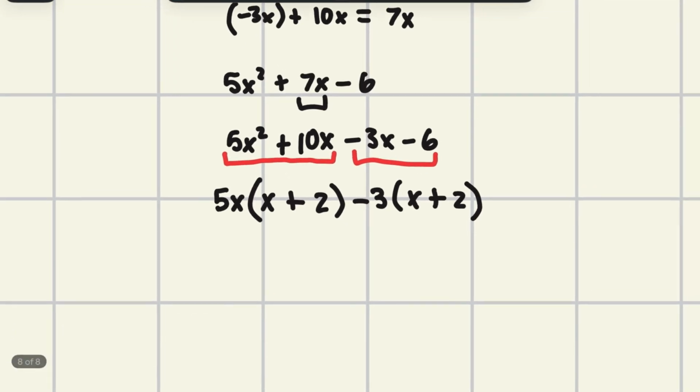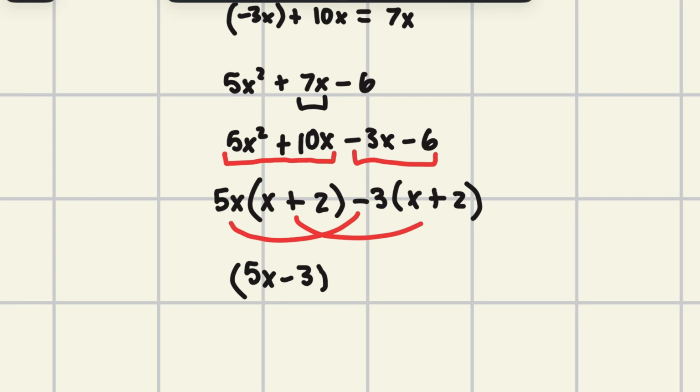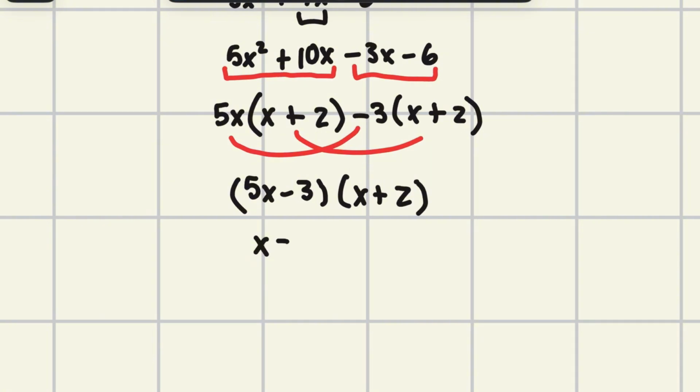Okay, let's go ahead and write this out. So these two get paired together: 5x minus 3. And since these two are the same, you write it once: x plus 2. Okay, now let's write our answers. So this one's easy. It's just x equals negative 2.